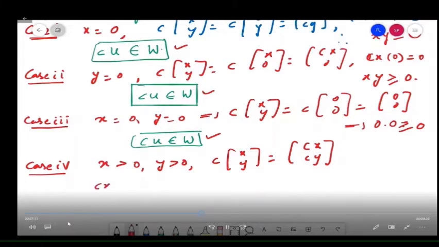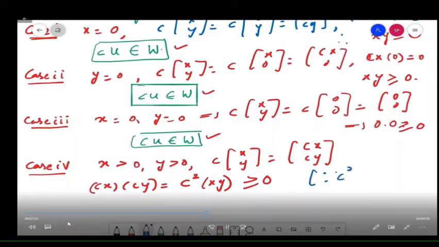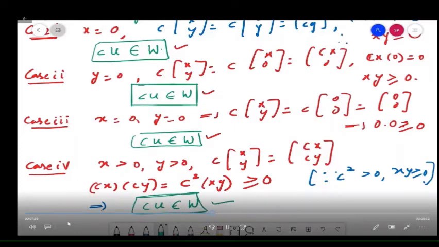Cx into cy is equal to c square into xy, which should always be greater than or equal to 0, because we know xy is greater than or equal to 0. C square will be greater than 0, xy greater than or equal to 0. Therefore you have here the product of these two components greater than 0. Therefore, Cu belong to W in case 4 also.